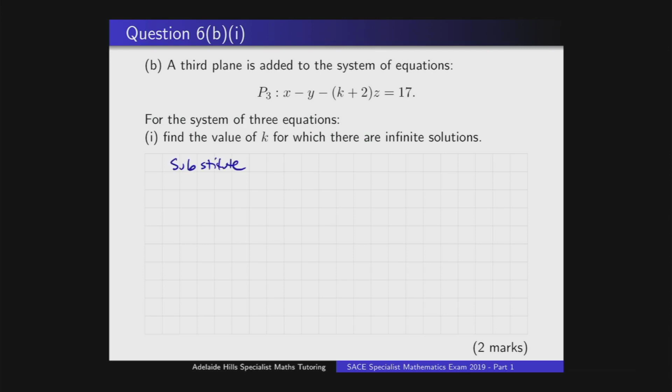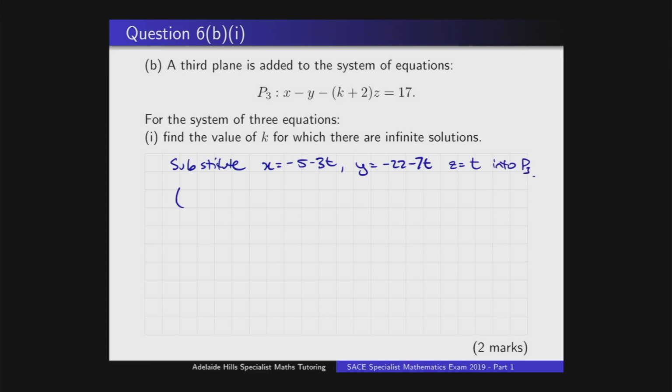So we're going to substitute x equals minus 5 minus 3t, y equals minus 22 minus 7t, and z equals t into P3.